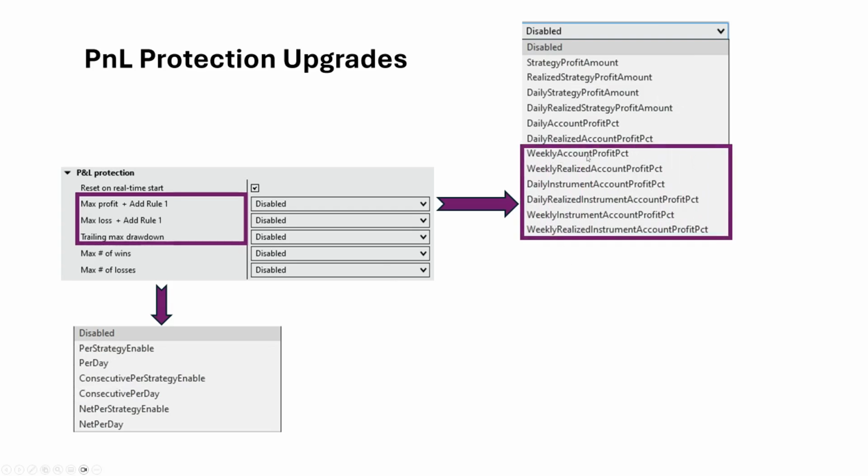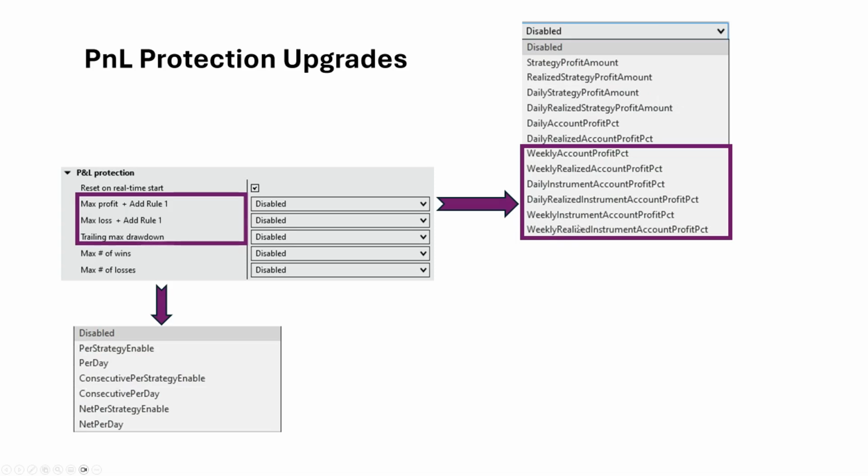So we can look at a weekly account profit percentage, a weekly realized account profit percentage, daily instrument account profit percentage, and then daily realized instrument account percentage, and then obviously weekly on the instrument as well.